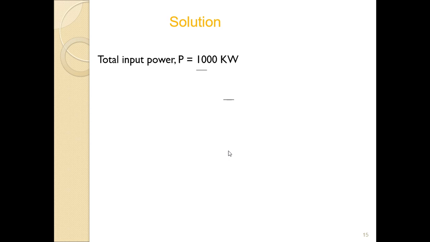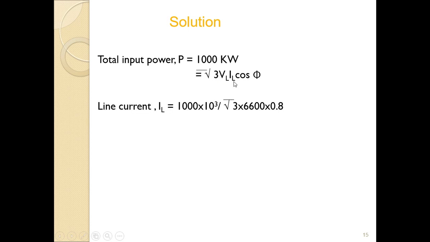So he given motor input P is equal to 1000 kilowatts, which is equal to root 3 into VL IL cos phi. Here we know VL, cos phi, and power also he given. So we can calculate the line current IL. IL is equal to P by root 3 VL cos phi.